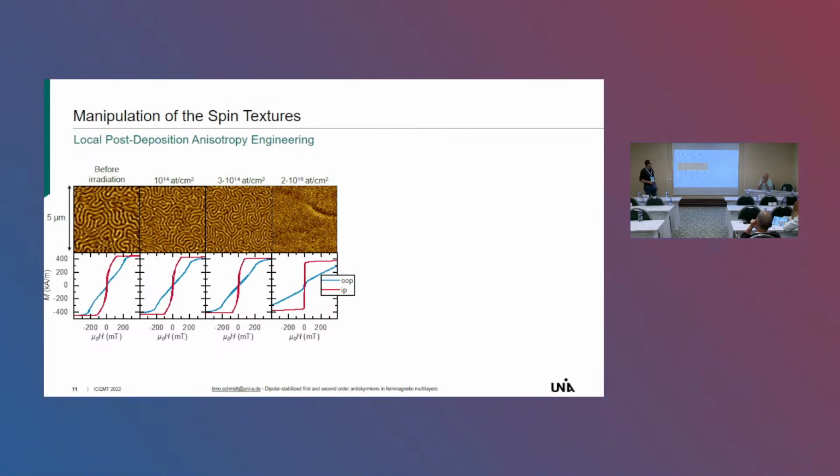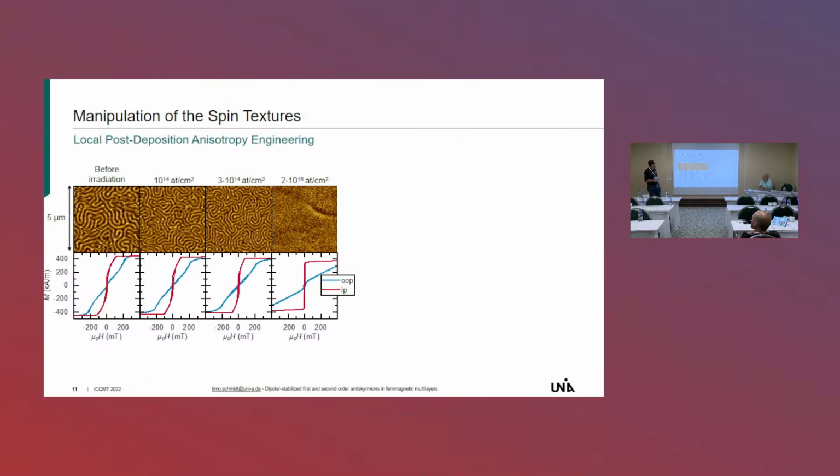With a higher dosage of the helium irradiation, you get a little bit more fuzzy here, and at 10 to the power of 15 ions per square centimeter, you are just so in-plane from your irradiation that there are no more skyrmions or stripe domains forming. So also for these labyrinth domains you need a little bit of competition between those in-plane and out-of-plane moments, and you destroy that with ongoing irradiation. So that is really an in-plane film.